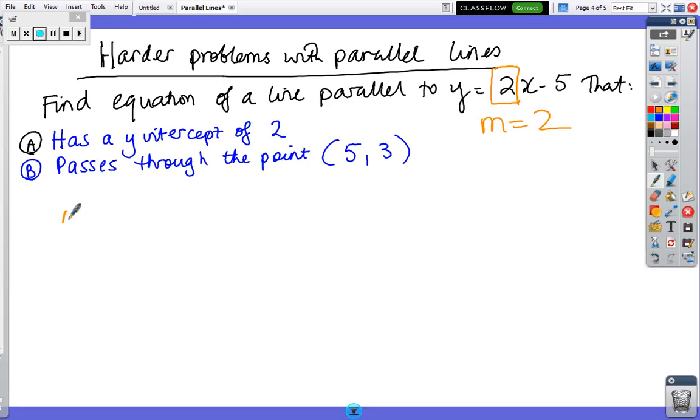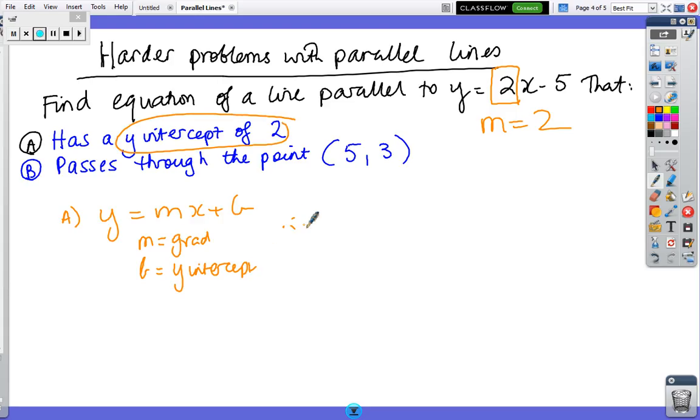In A, we've got y equals mx plus b, m is the gradient, and b is the y-intercept. The y-intercept is 2, so this one would be y equals 2x, 2 from the gradient being parallel, and the y-intercept is 2, so that's the answer to the first one.